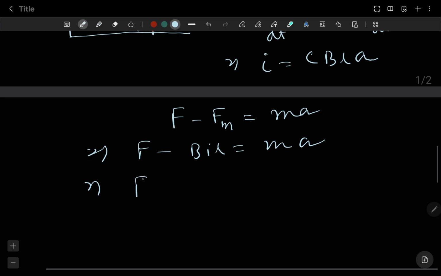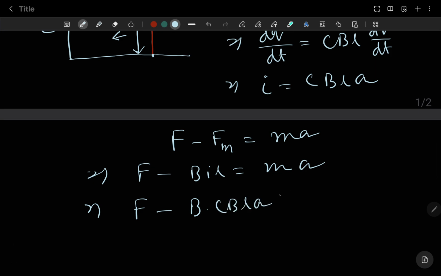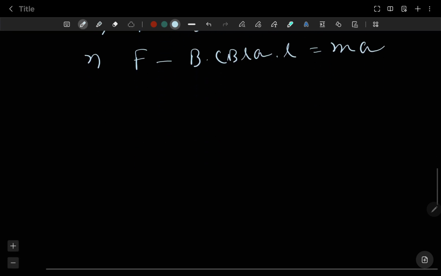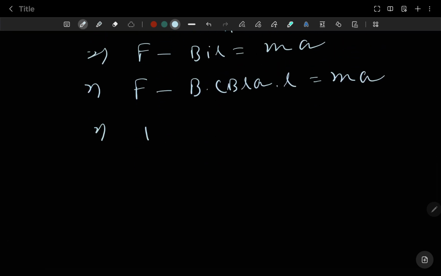So F minus, putting the value of I, I get CBLa into L, equals Ma. Taking it to this side, it will be F equals M plus B square L square C into a.